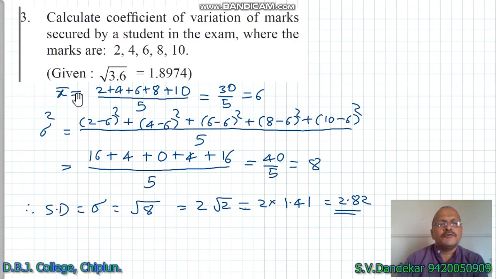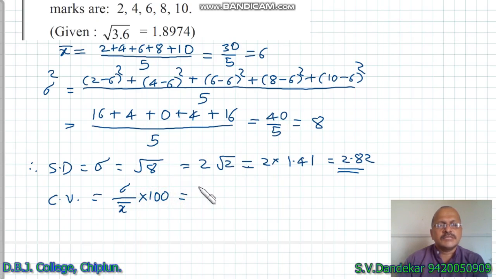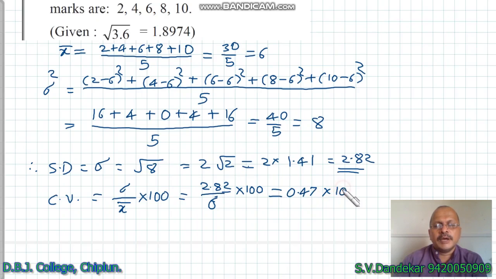Now we want the coefficient of variation, and its formula is coefficient of variation is equal to sigma upon x bar into 100, equal to sigma is 2.82, x bar is 6, multiplied by 100, so it is 47%.